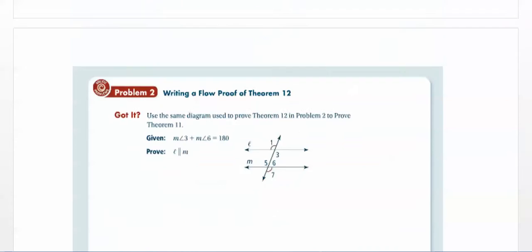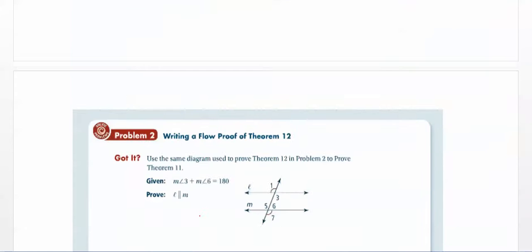Or you saw in the example up here that they wrote this out. They pretty much wrote an abbreviated form of the theorem instead of writing the theorem name. Either one's accepted.